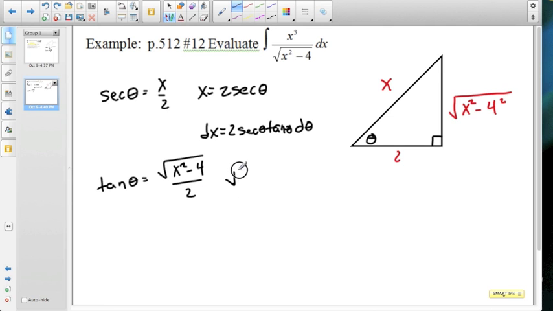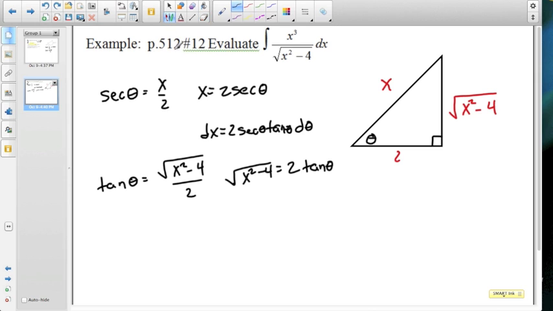To get an expression for the radical, all we have to do is multiply each side by 2. And just a quick oversight here. Get rid of that squared. There we go. It should be just x squared minus 4 on the opposite side there.